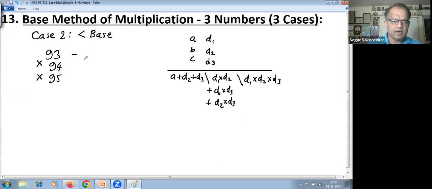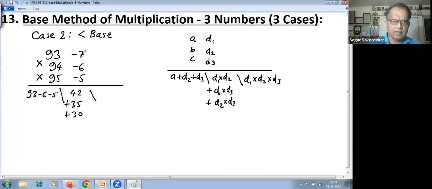Difference, this is minus 7, this is minus 6, and this is minus 5. 93 plus minus 6 and minus 6 minus 5. Next, minus 7 into minus 6. 7 into 6 is 42. So plus 42. Minus 7 into minus 5 is 35, plus 35. And minus 6 into minus 5 is plus 30.